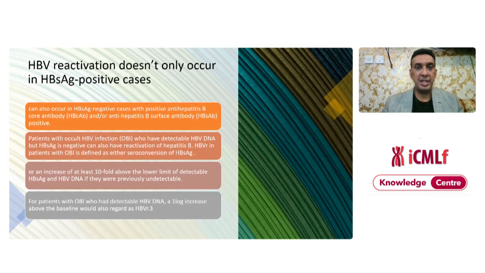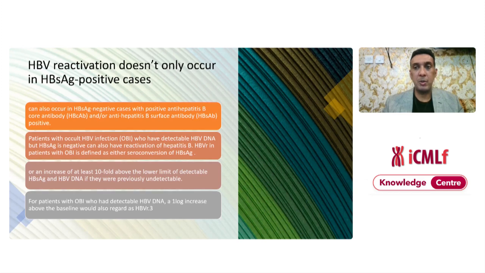Hepatitis B virus reactivation does not only occur in hepatitis B surface antigen positive cases. It can also occur in hepatitis B surface antigen negative cases with a positive anti-hepatitis B core antibody and/or anti-hepatitis B surface antibody.